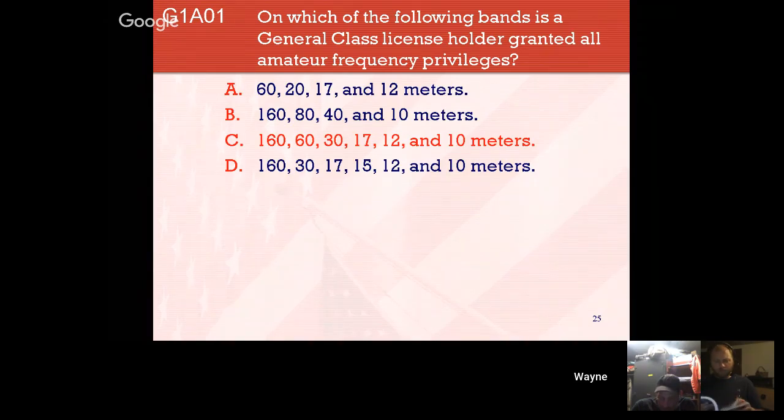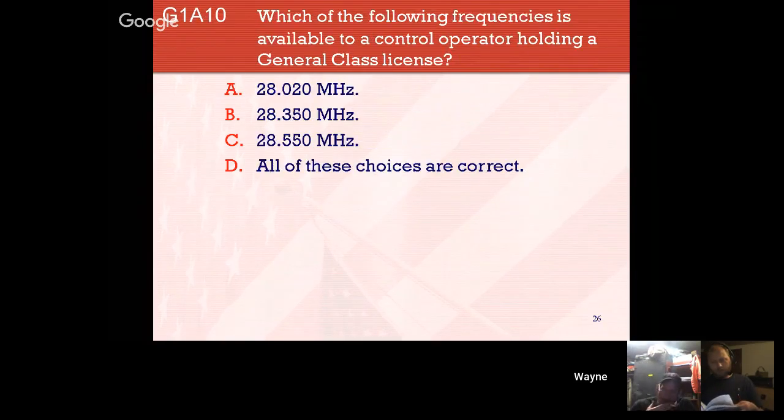Just kind of lock that in your brain right there. So if you see 15 in it, that's a wrong answer. If you see 40, that's a wrong answer. If you see 80, that's a wrong answer. If you do not see 160, that's a wrong answer. So C is the correct answer here on this question.